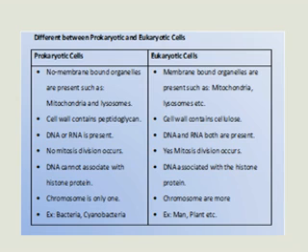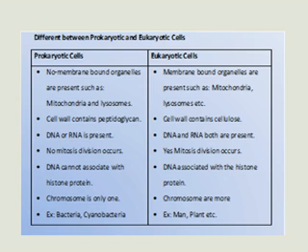In prokaryotic cells, no mitotic division occurs, but in eukaryotic cells, yes, mitotic division occurs, and mitosis takes place in the somatic cells of eukaryotes. In prokaryotes, which type of division is observed? Amitosis.